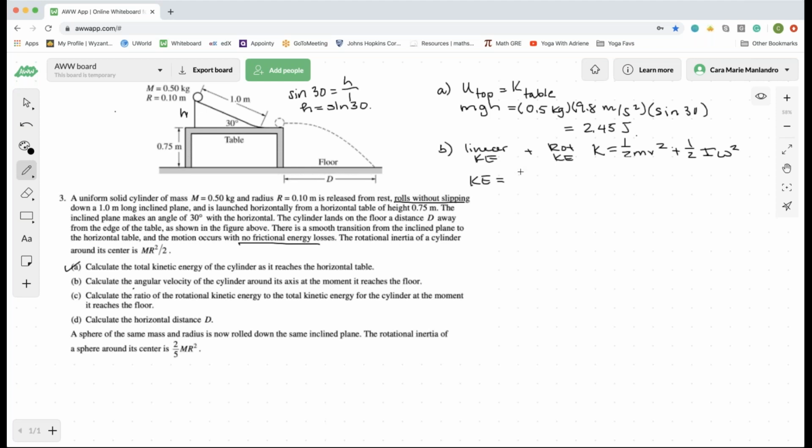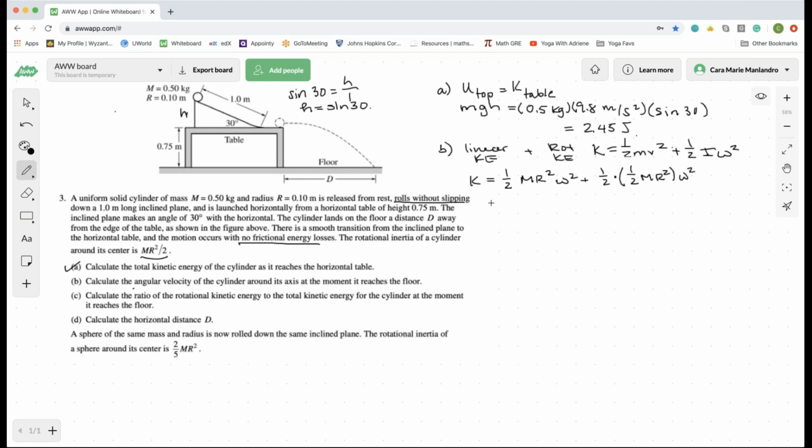So K is equal to 1/2 mr squared omega squared, and then I've got to take this bit into account here. So 1/2 times my moment of inertia, which is 1/2 m r squared omega squared.